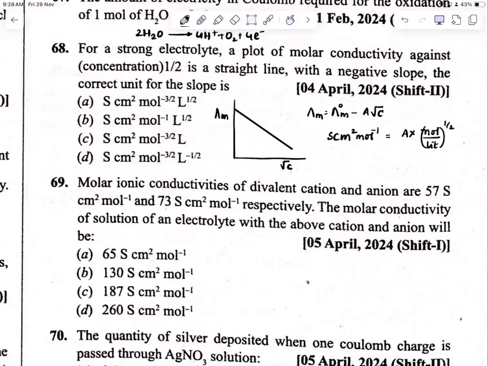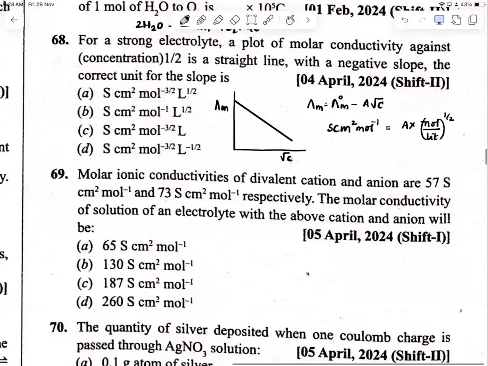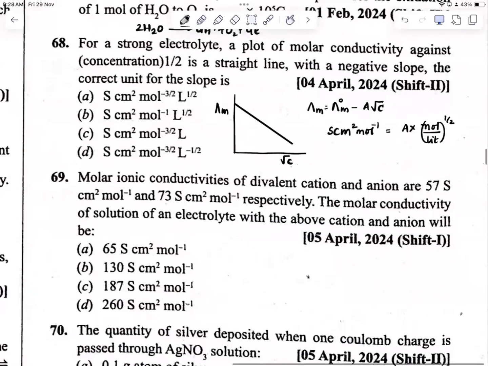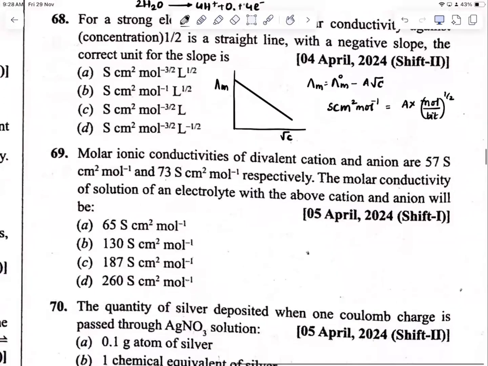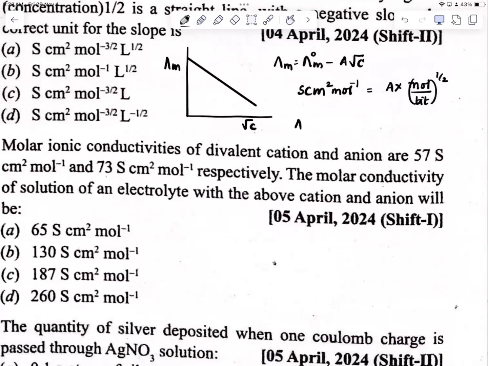Now liter can be written in terms of centimeter cube. So A is equal to Siemens centimeter square mole inverse divided by mole raised to the power of half, into liter raised to the power of half. Liter can be written as centimeter cube whole raised to the power of half.